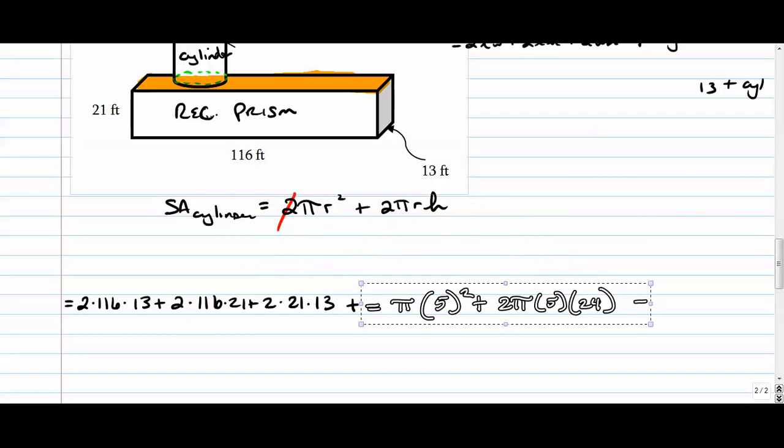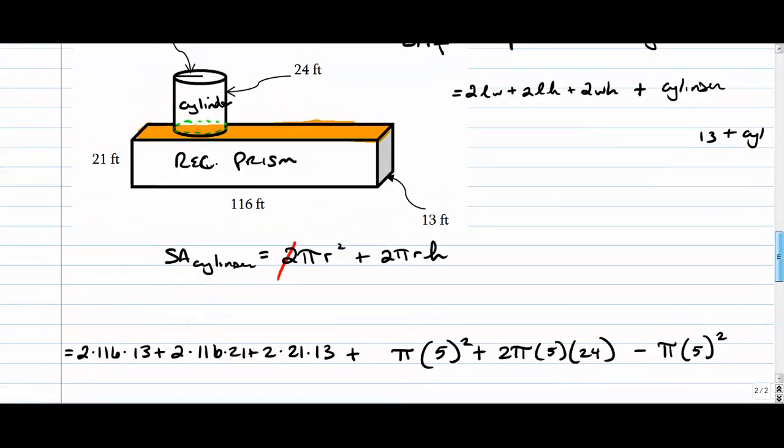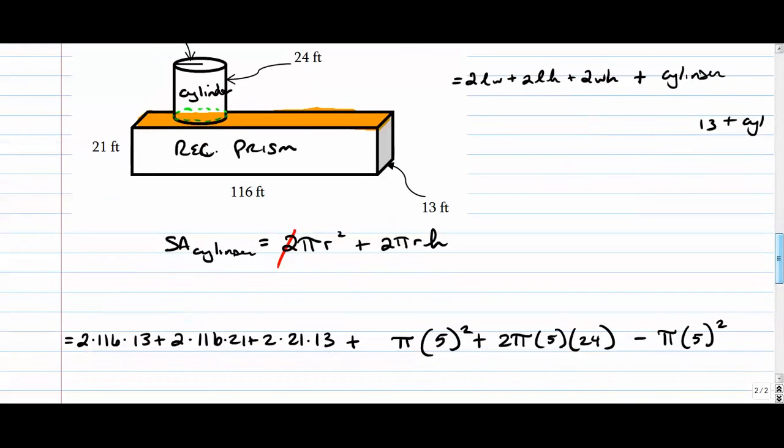Bring that right down here, and we'll take that whole thing and subtract a circle from it, because one of these faces here has a circle that's sort of taken away from it. So we have to subtract that from the total.